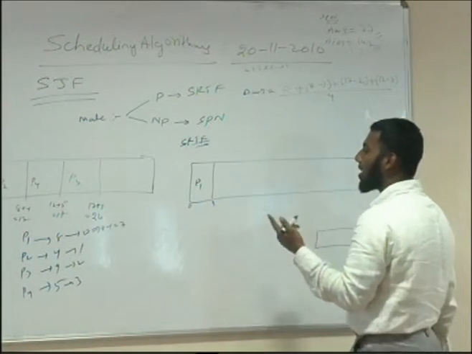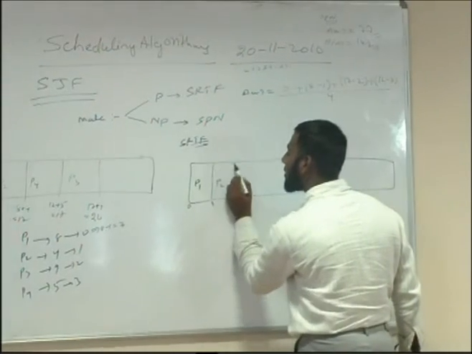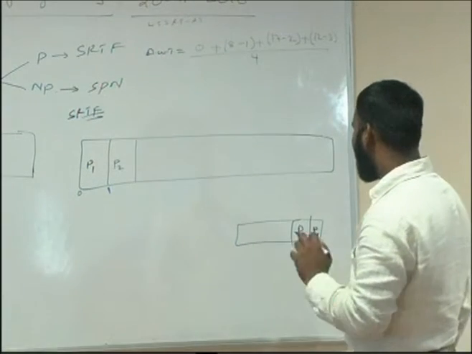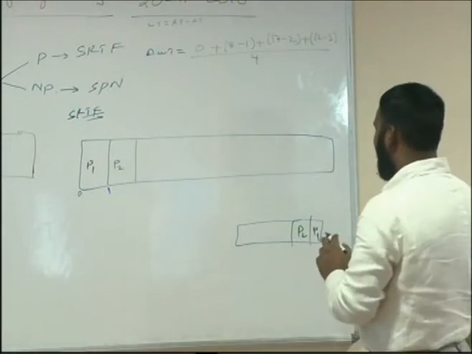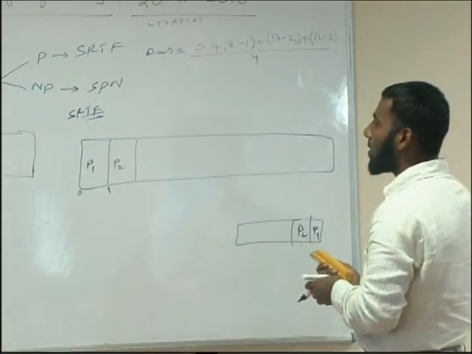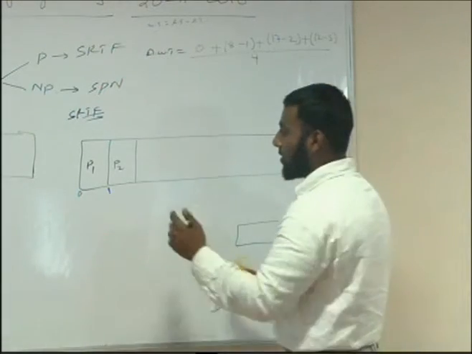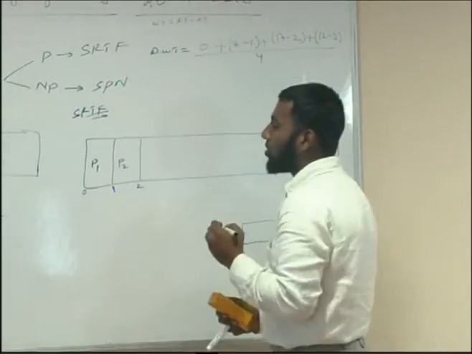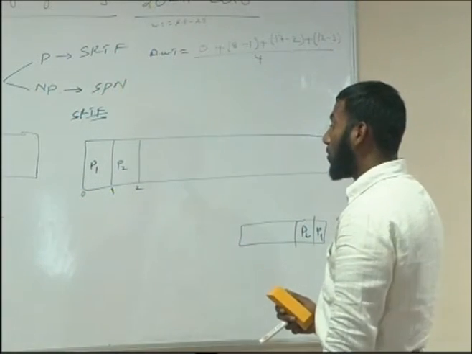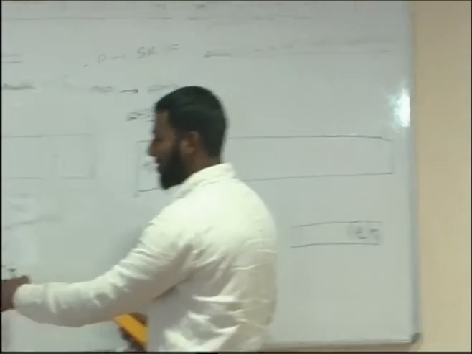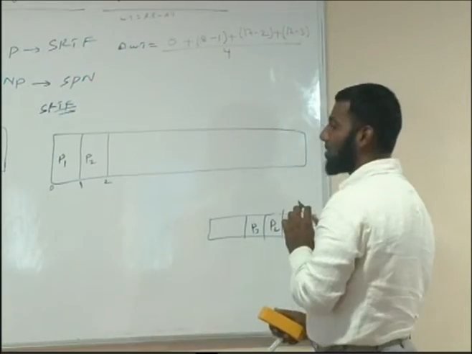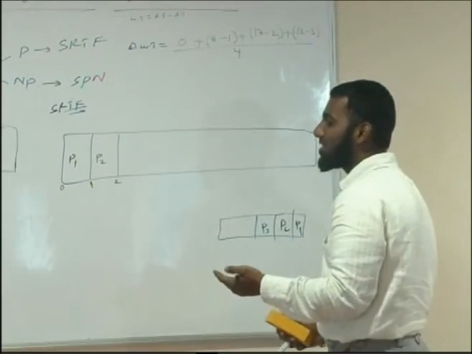When preemption happens, process P2 will be given a chance. When process P2 is given a chance, it will execute for one more unit of time, until time 2. So at time 2 another process comes, process P3 is submitted to the system. Now let us find out the remaining time here.